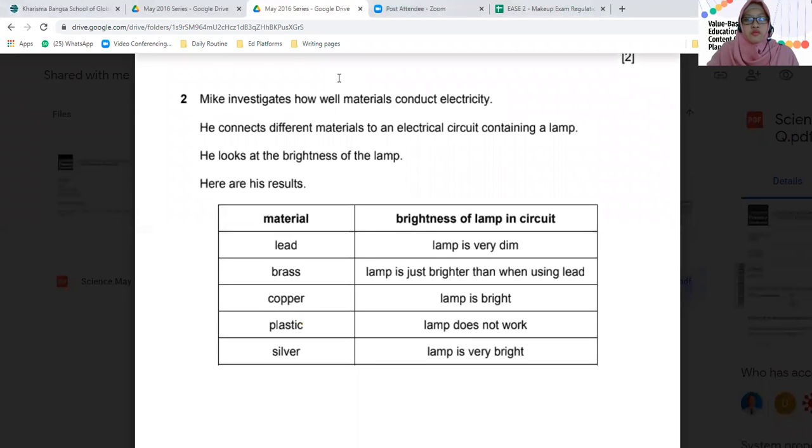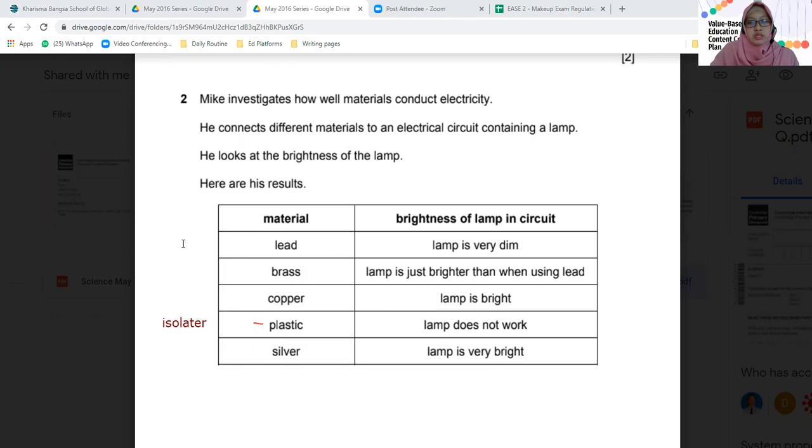So if we put this in order, the one which cannot conduct electricity is the plastic. Let's say the plastic is the insulator. Then let's start from the lead.